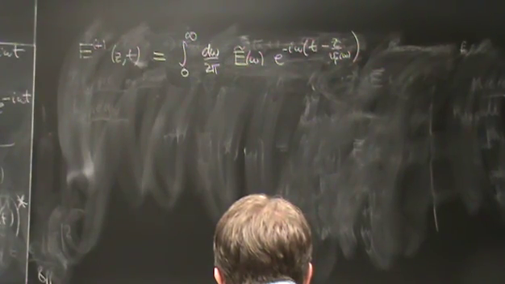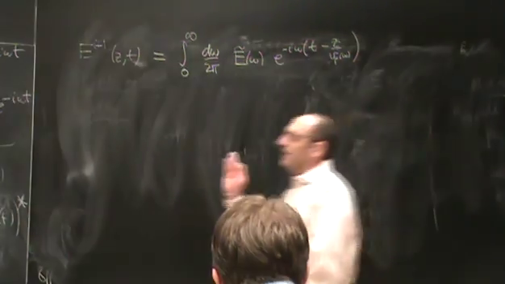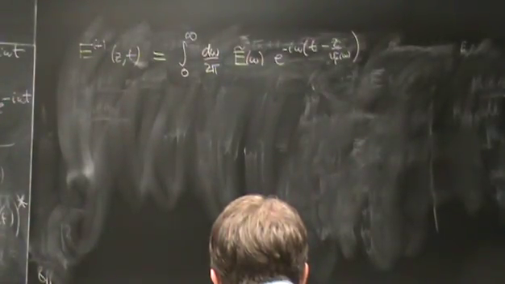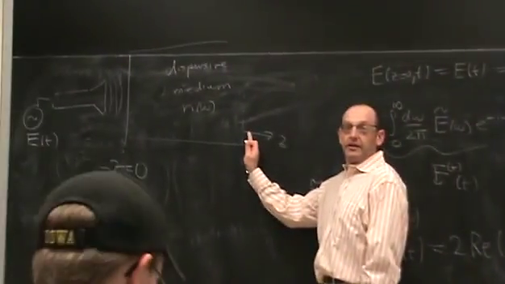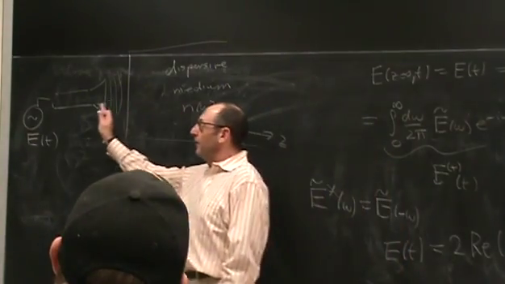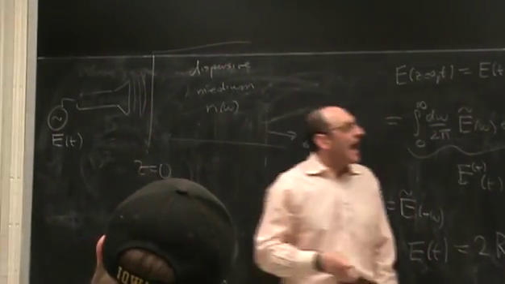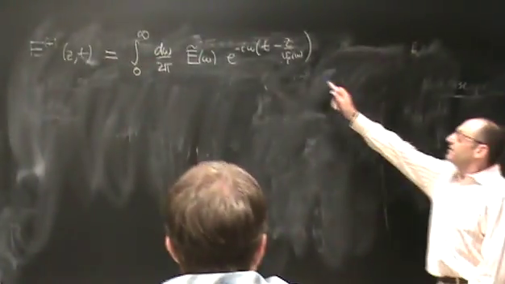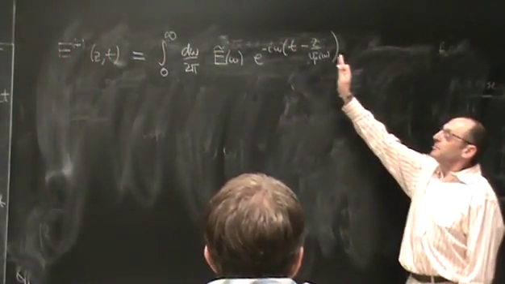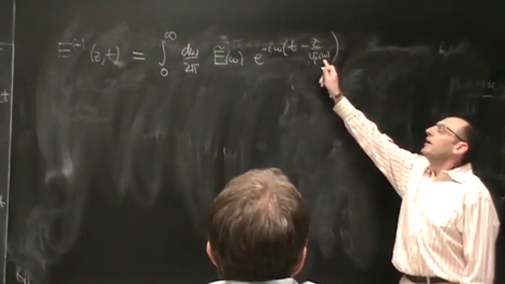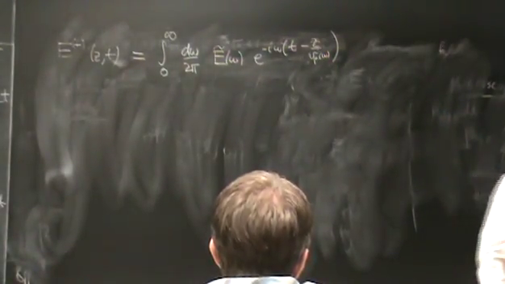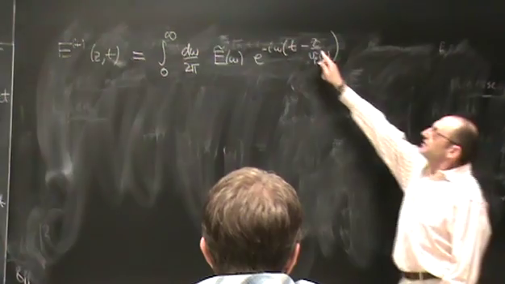What it's saying is that the signal for a given frequency component that I see at my position depended upon what the antenna was doing at an earlier time. The time it takes that phase to propagate, if it's oscillating at that frequency, down to my position z.